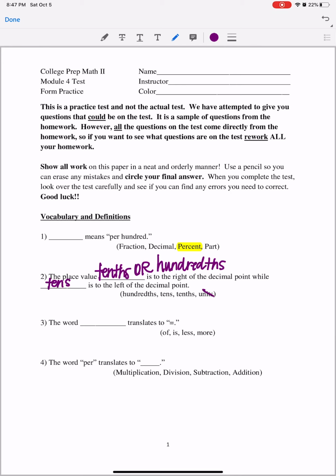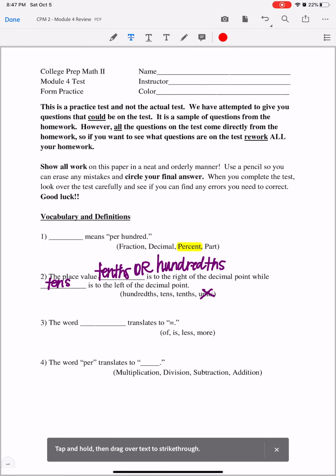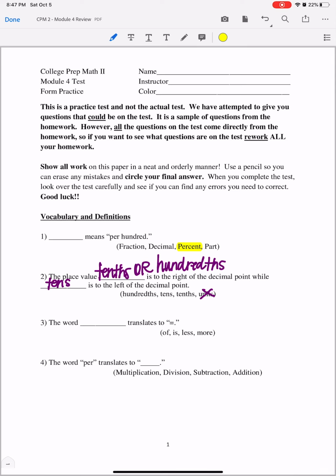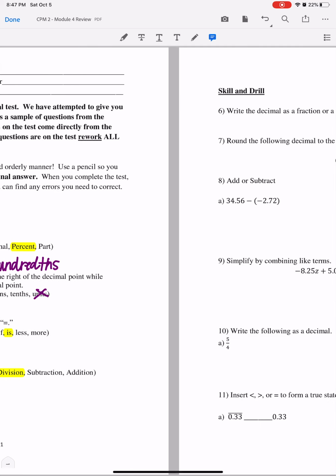Okay, so the only one we're not using there is this one. The word blank translates to equal, that is. And the word per translates to division. Okay, so that's all your vocab for this one.